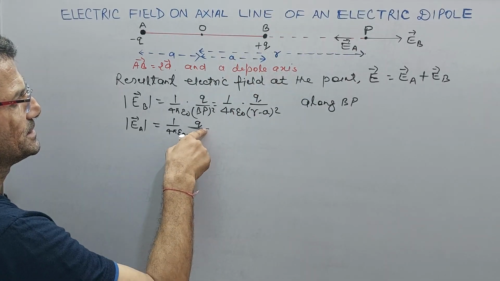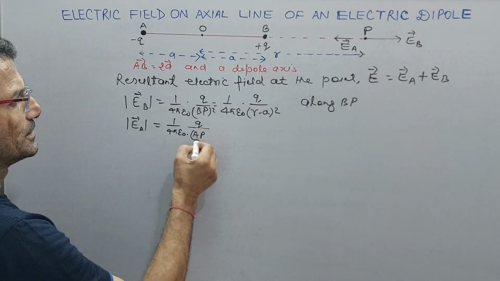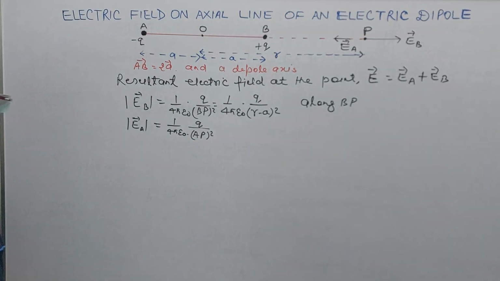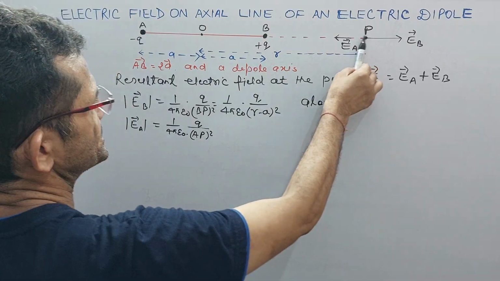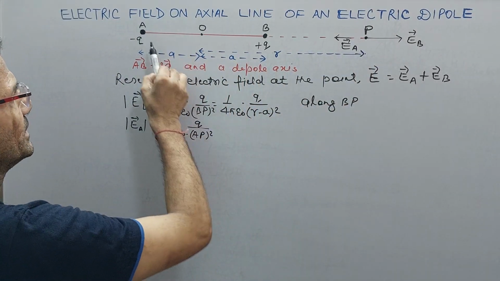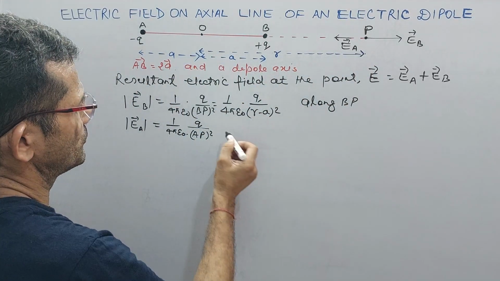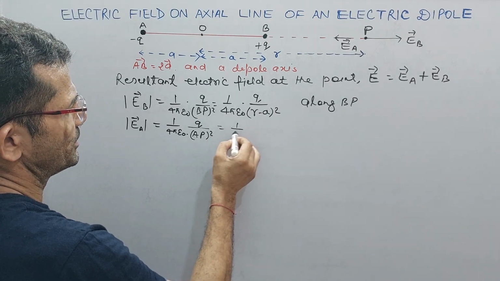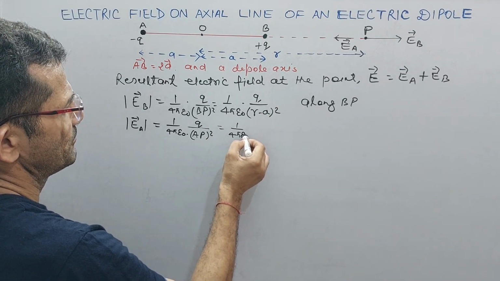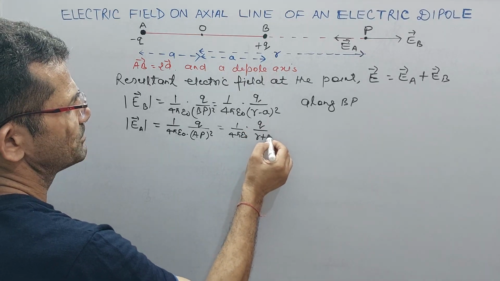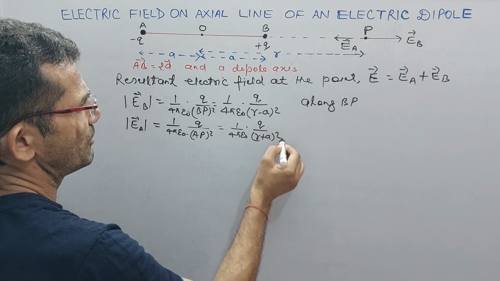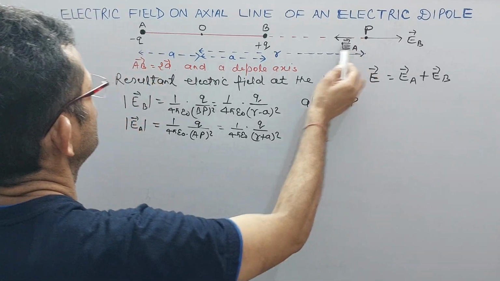AP is the distance, square of AP. Now AP will be R plus A. This is A and this is R. Adding both of these, 1 upon 4 pi epsilon naught Q divided by R plus A whole square. Now its direction will be from P to A.